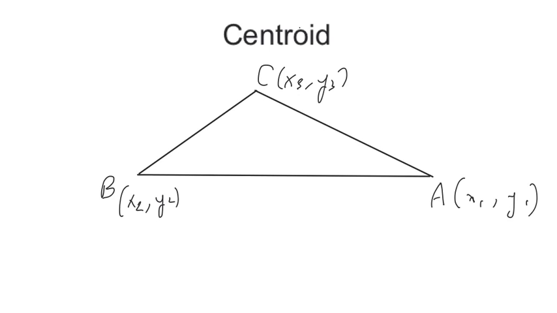Okay, so the first thing that we're going to talk about is the centroid. And the centroid is sometimes also known as the center of mass. So in order to understand it as a center of mass, you have to imagine, just for a moment, that I have 3 points, A, B, and C. And those points are actually like bowling balls or something. So you have these 3 bowling balls at 3 different places.